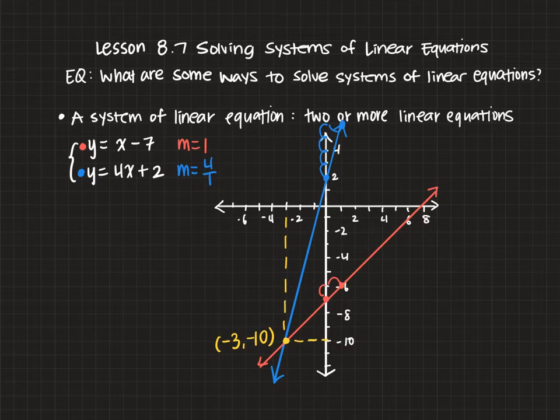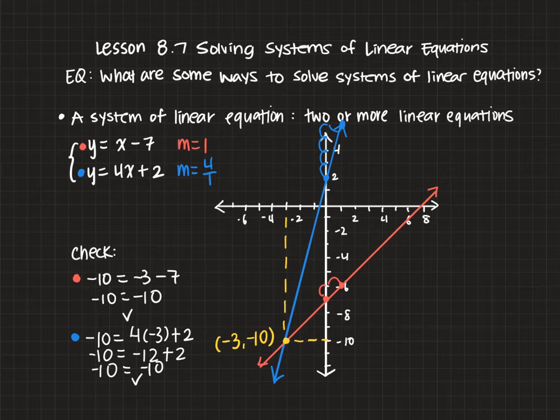If you want to check if it's a correct point, you can take those coordinates, (-3, -10), and plug them back into your original equations. It must satisfy both of the equations in order to be the solution. When I check both of these equations, they both have -10 on both sides, so I know that I have graphed this correctly.